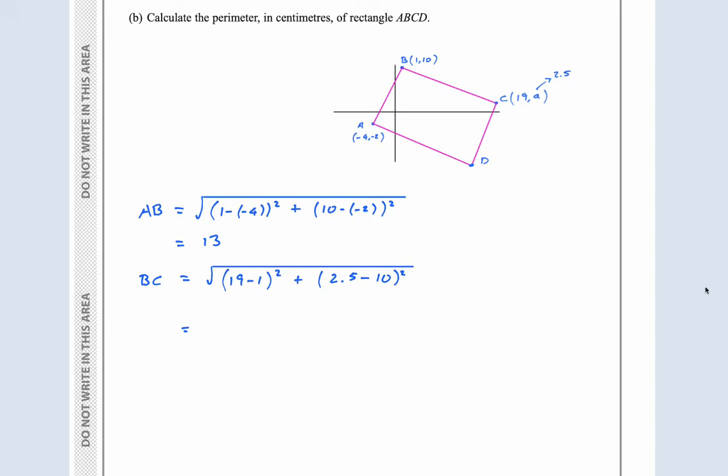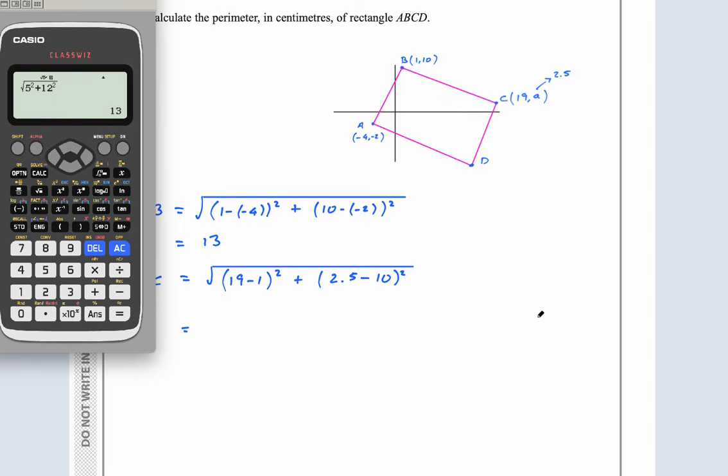In my calculator, 19 minus 1 is 18, so it's 18 squared plus negative 7.5 squared, but I'm going to square it, so it's going to become positive. That is 39 over 2, which is 19.5.